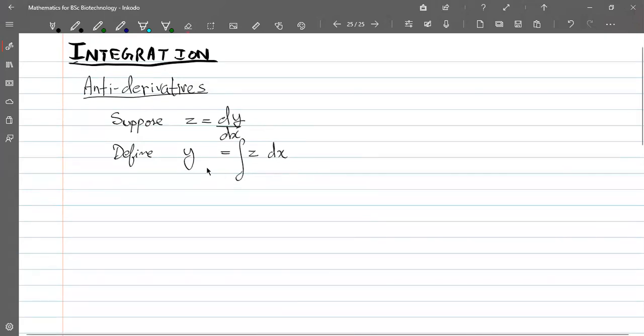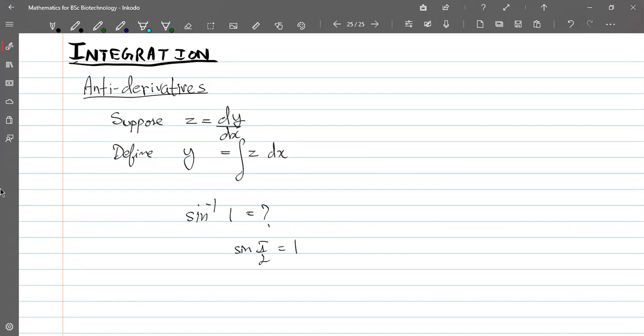So what we will do is compute these integrals of functions from the derivatives of functions. What does that mean? How do you find, for example, the value of an inverse function like sine inverse of 1? You remember that sine of pi by 2 is equal to 1.